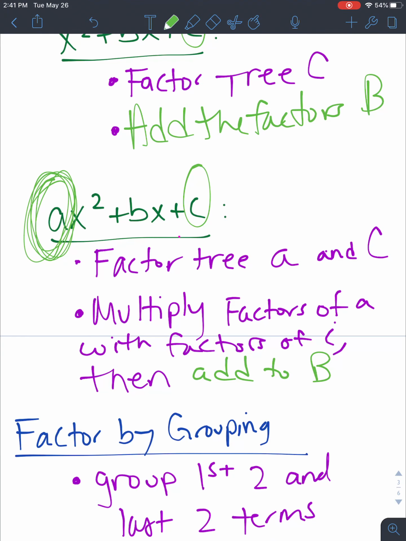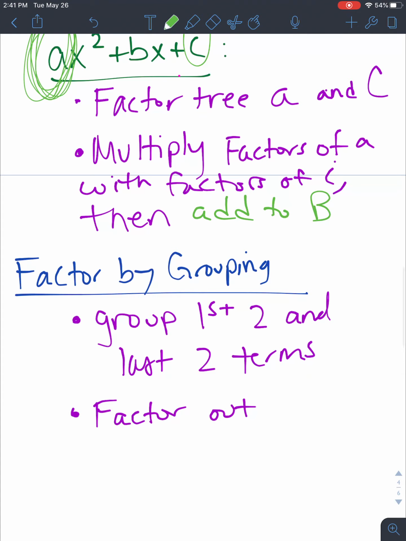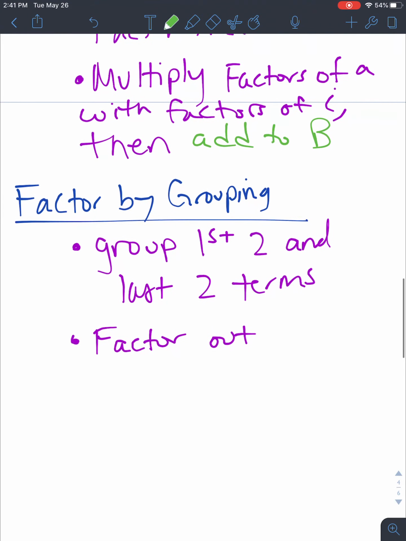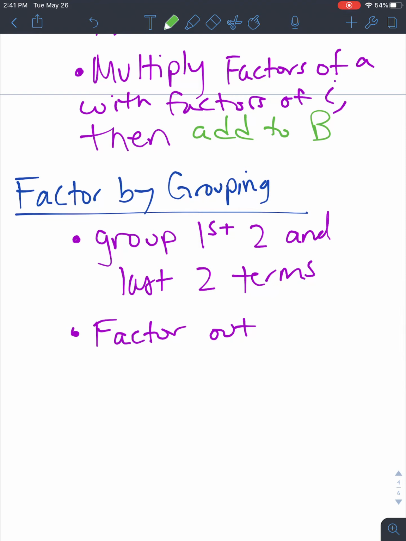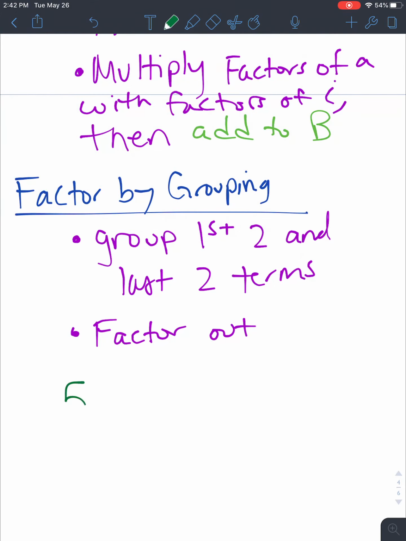Now, the last type of factoring was probably one of the more difficult types just because it was very new to most of you, and that's factor by grouping. When you're factoring by grouping, you always group the first 2 and the last 2 terms. This happens when you have 4 terms.